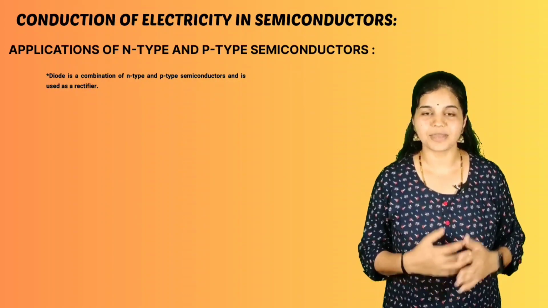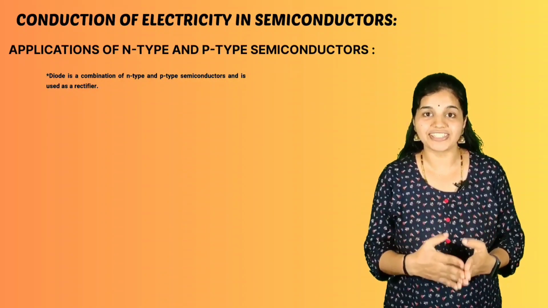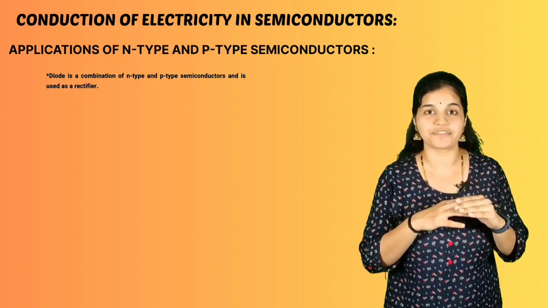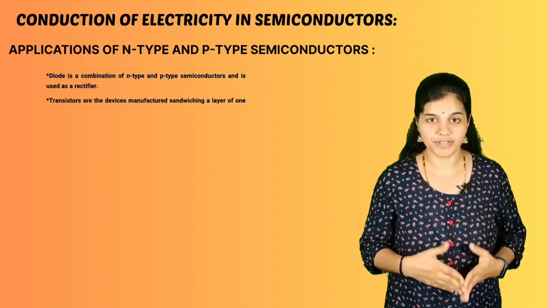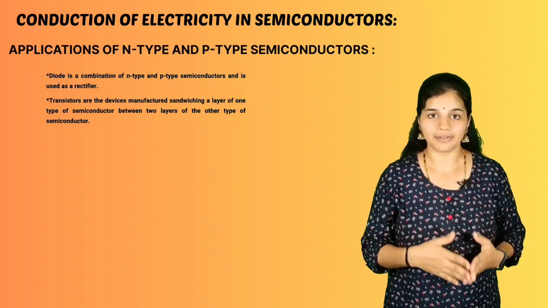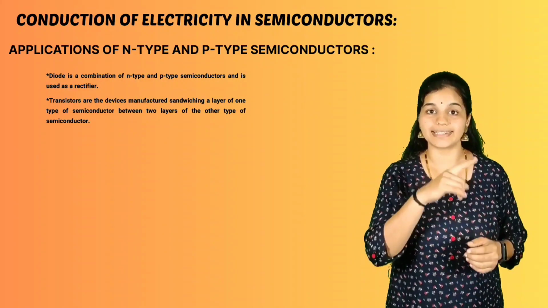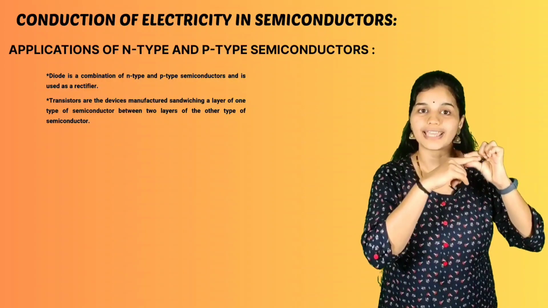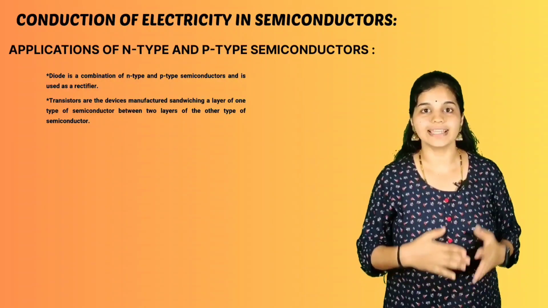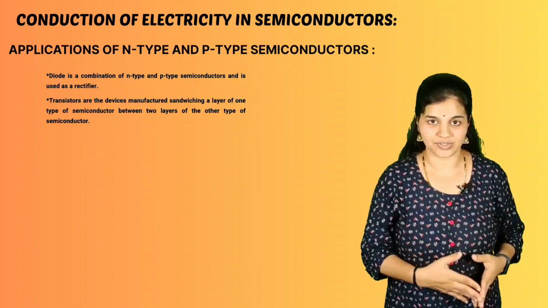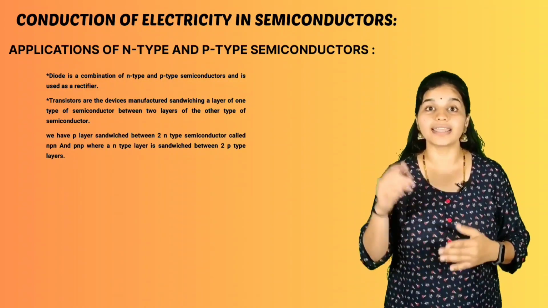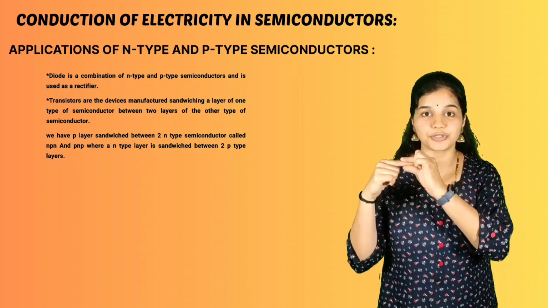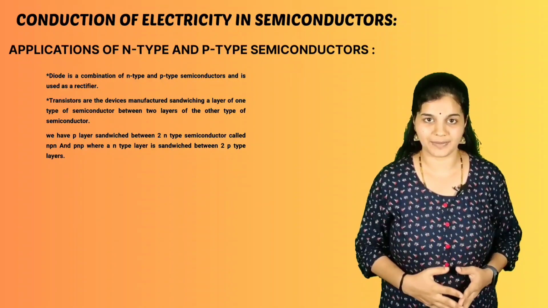Transistors are devices manufactured by sandwiching a layer of one type of semiconductor between 2 layers of the other type. We have a p layer sandwiched between 2 n types, called NPN transistors, and PNP transistors where an n-type layer is sandwiched between 2 p-type layers.